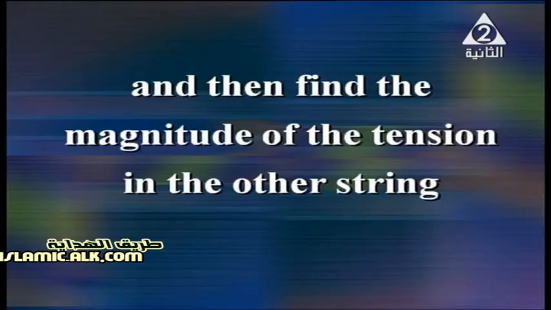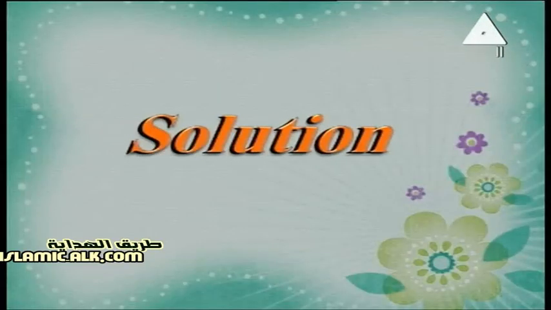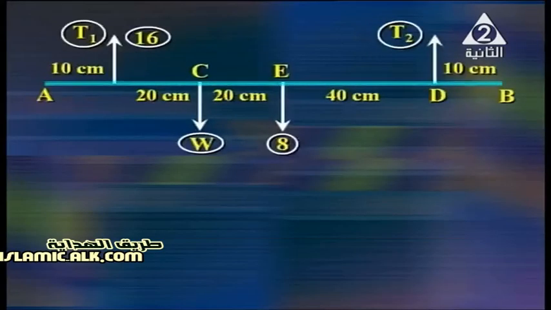Dear student, look at the solution. Very important example. Dear student, we have AB, a uniform rod. What do you mean by uniform rod? Its weight acts at midpoint E. What is the weight of AB?